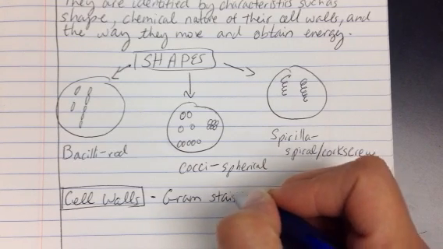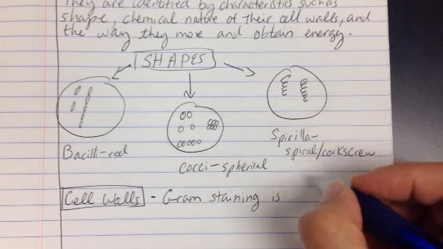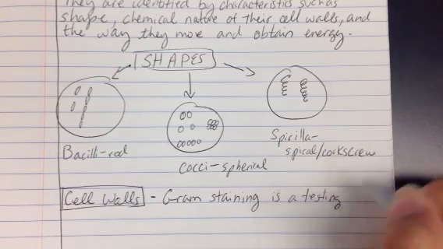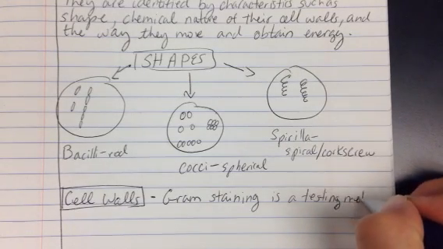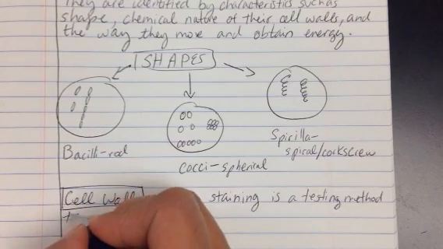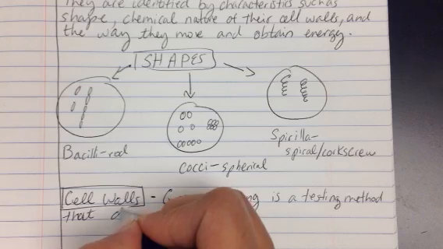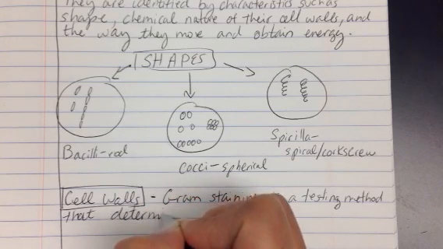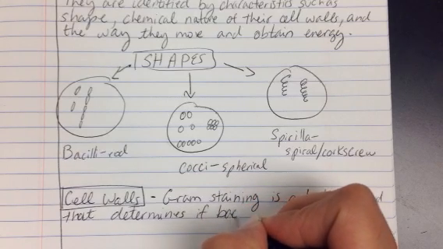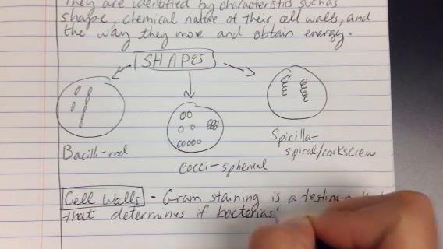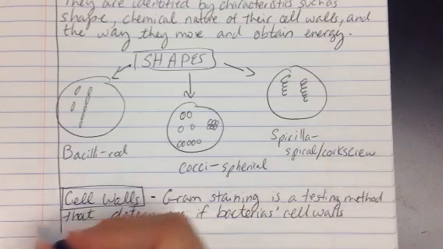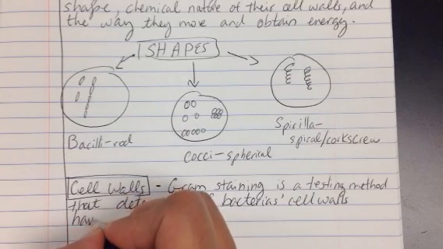So gram staining is a testing method that determines if bacteria's cell walls have a compound called peptidoglycan.